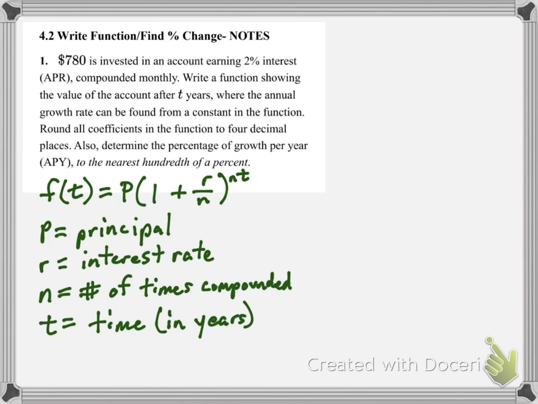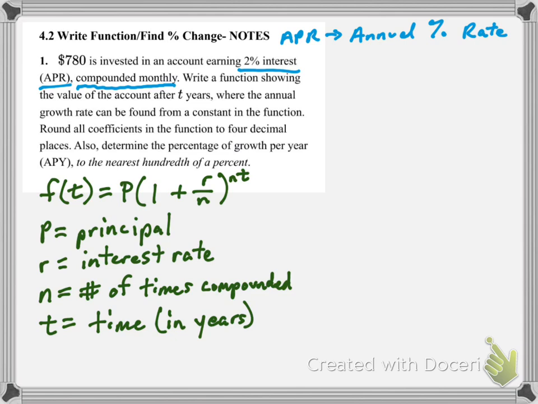Okay? So you have $780 invested in an account earning 2% interest. Okay? APR, well, I should probably tell you right now. APR stands for annual percentage rate. Okay? And it's compounded monthly. That's important.